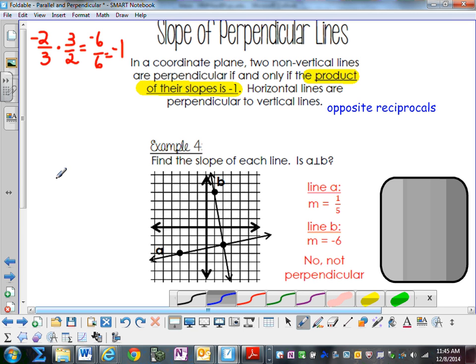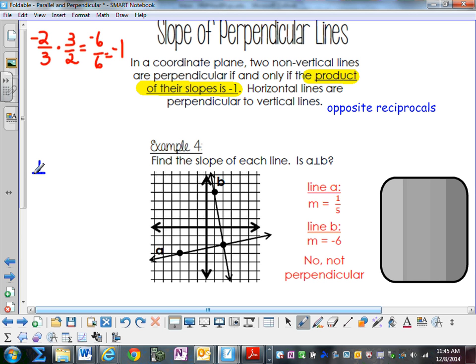So in order for line B to be perpendicular, it needs to have the opposite, a negative number, and the reciprocal of 1/5, which is 5, or 5/1. And of course, if we multiply those together, we get -1. So the slope of the line perpendicular to A has to be -5. Well, line B has a slope of -6, so they are not perpendicular.